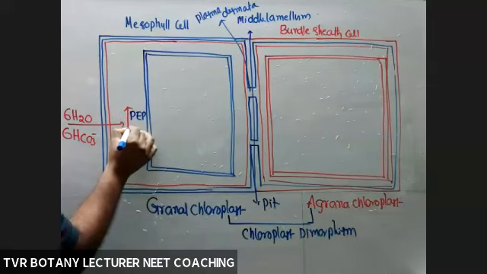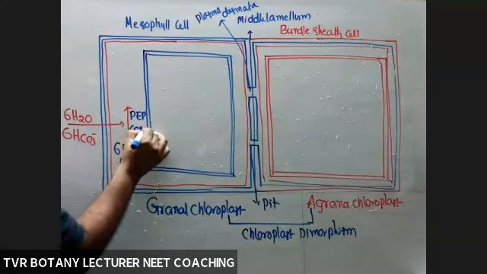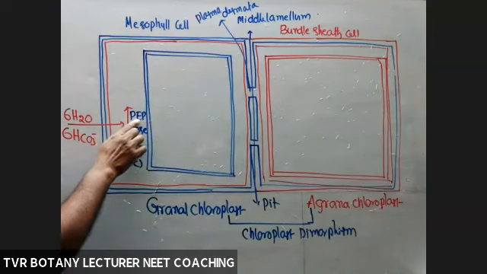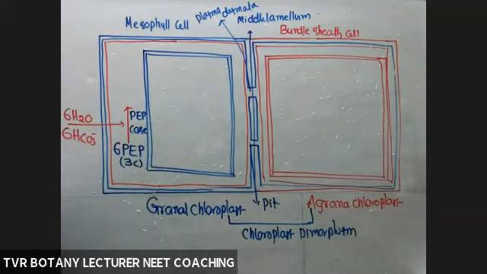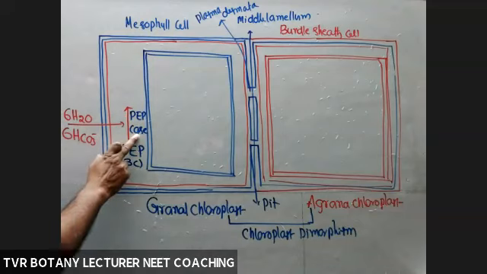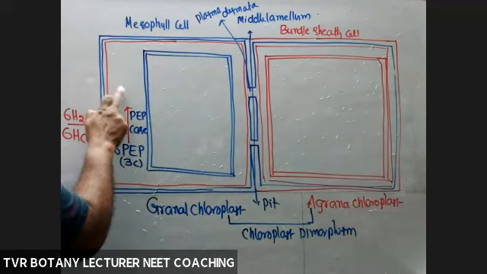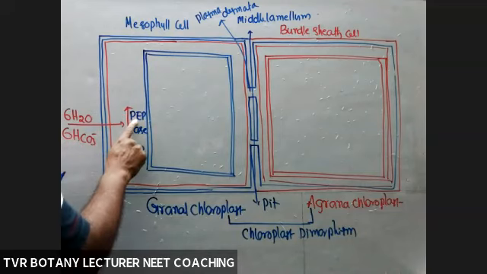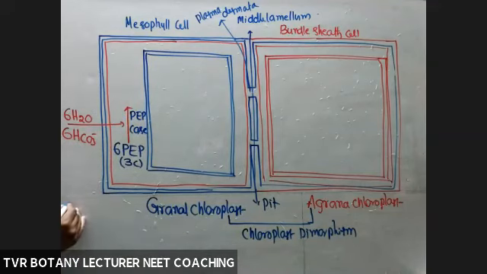PEPcase. What is case? Carboxylase, phosphoenol pyruvic carboxylase. This enzyme is able to regulate carboxylation only. And this enzyme is present in the cytoplasm of mesophyll cells. If they question you, what is PEPcase?